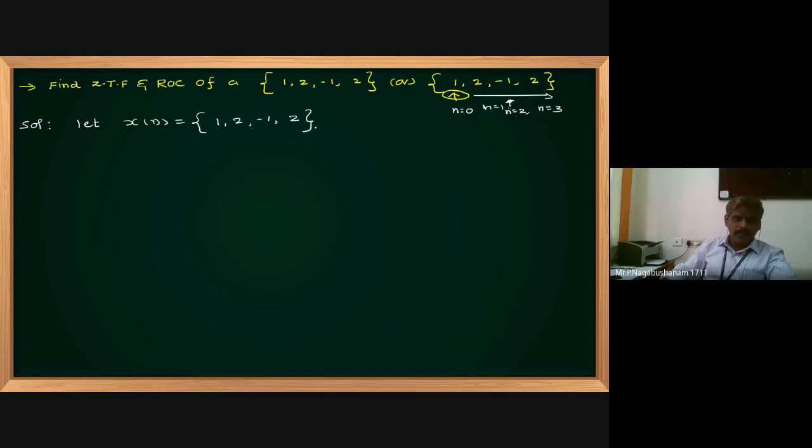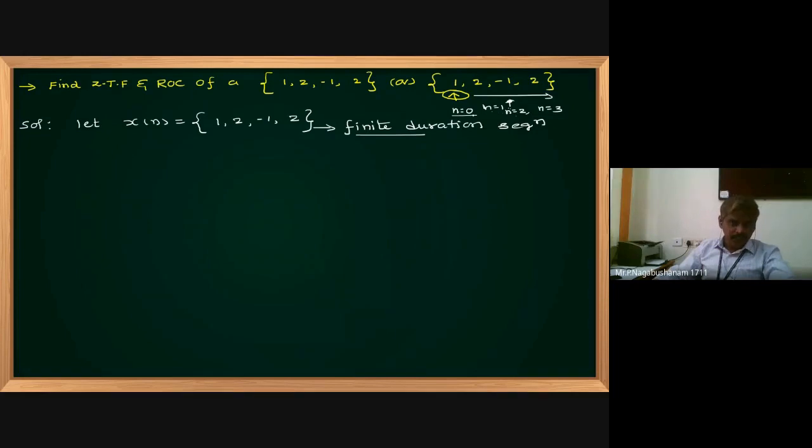You already studied in Signals and Systems in the first 10 classes that this one is called a finite duration sequence, because it is a discrete finite duration sequence. Finite means n is finite, starting from 0 and ending with 3 only.